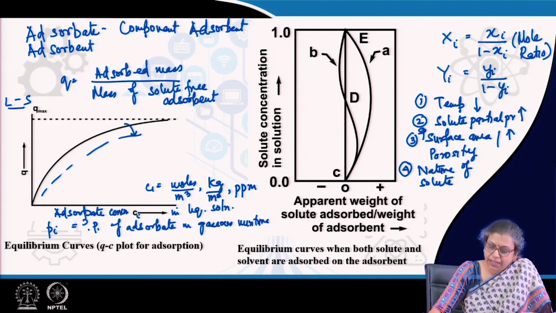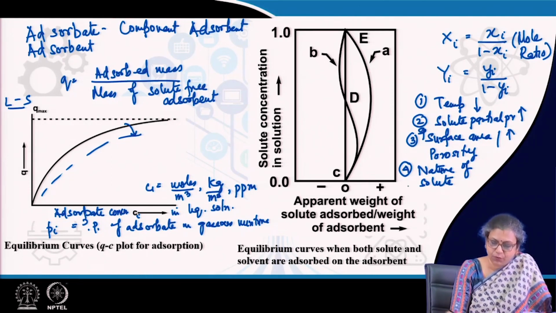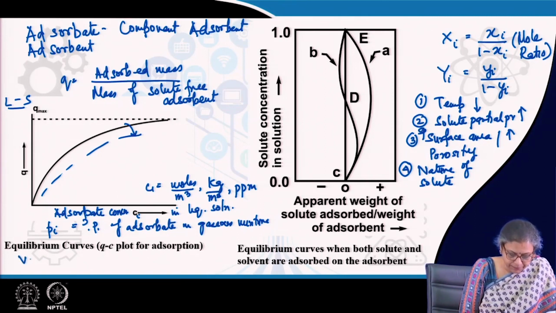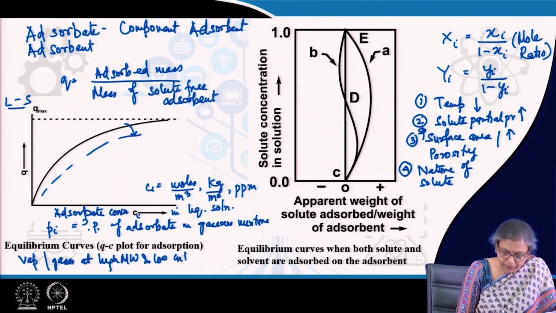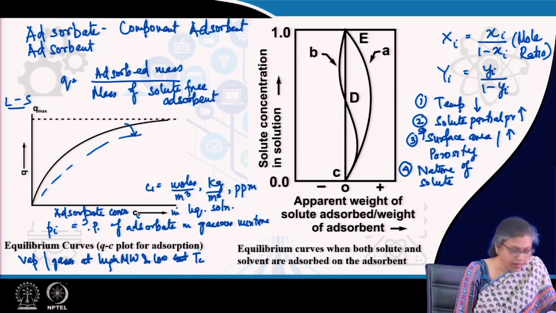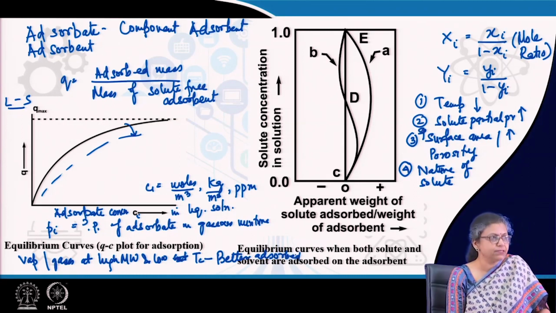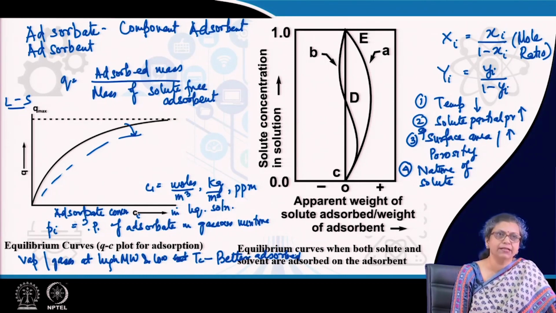We find that vapors or gases with high molecular weight and low critical temperature, or in other words low Tc, are more readily adsorbed, they are better adsorbed. Comparatively, permanent gases are less readily adsorbed.